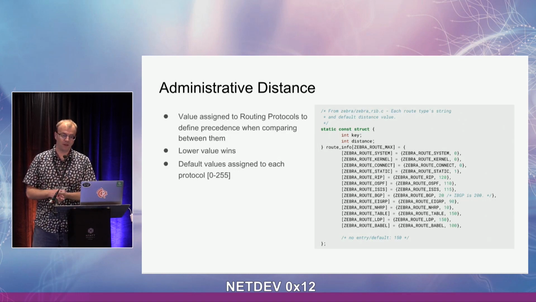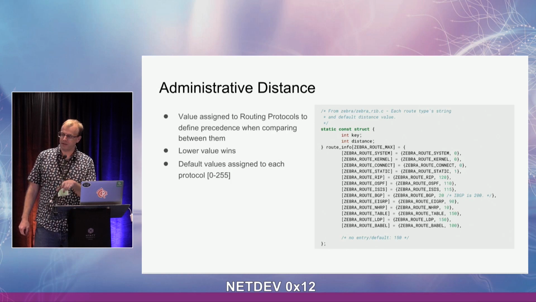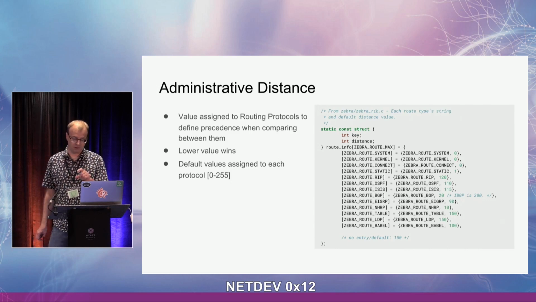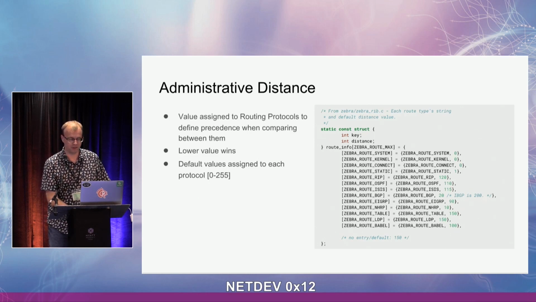Lower wins, and it's a number between 0 and 255. On the right-hand side are the basic values that FRRouting uses for administrative distance. This is actually also consistent with pretty much every other vendor out there. There is no standard here, it's just everyone's kind of agreed this is what to use.